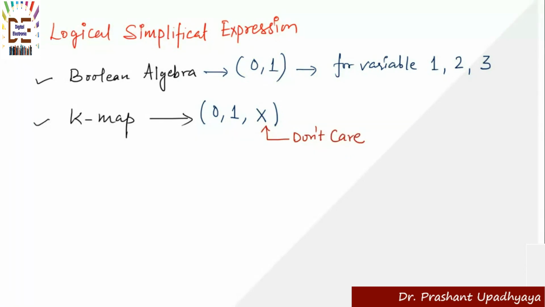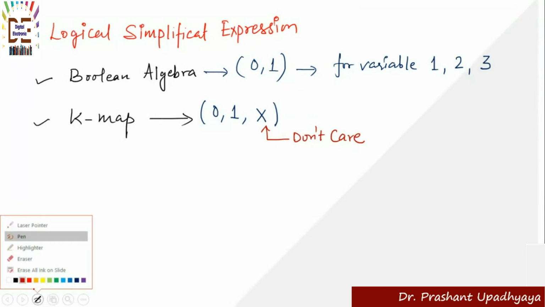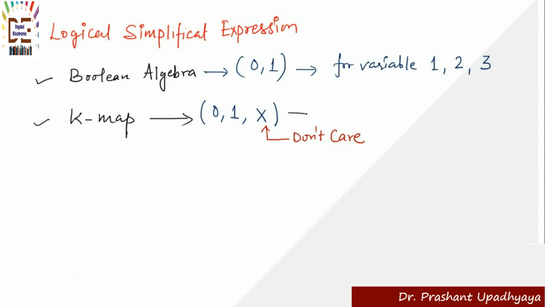When we go into the K-map, we will explain the role of this don't care. For solving a K-map, we can use 2, 3, 4, or 5 variables. And this is the limitation.